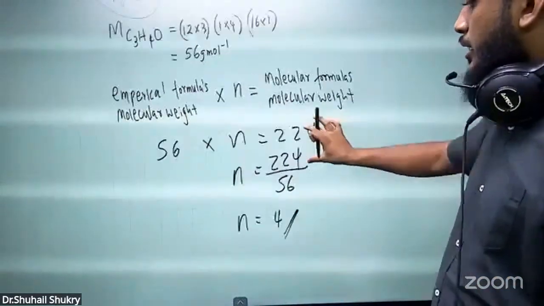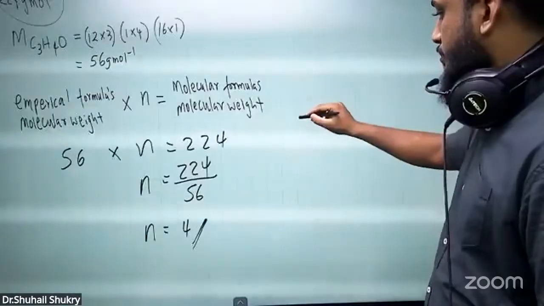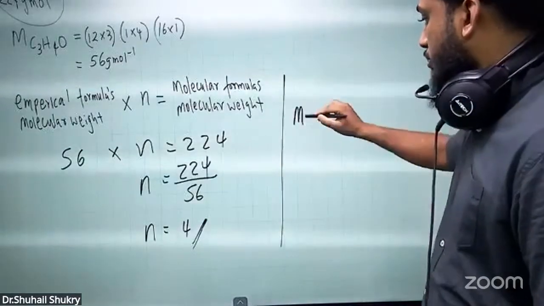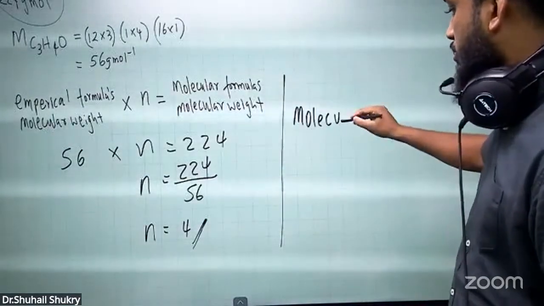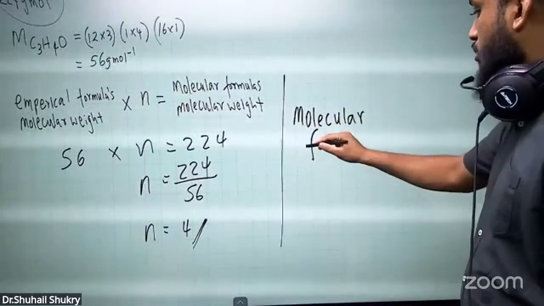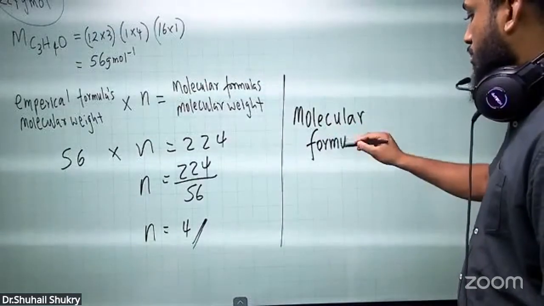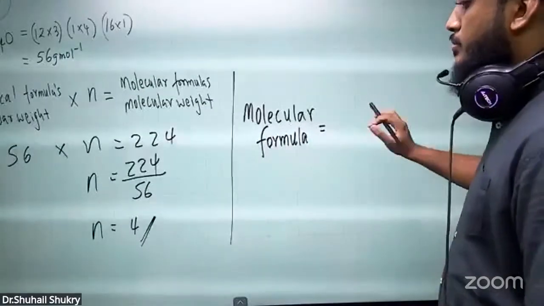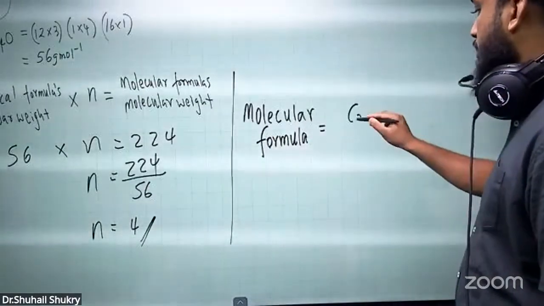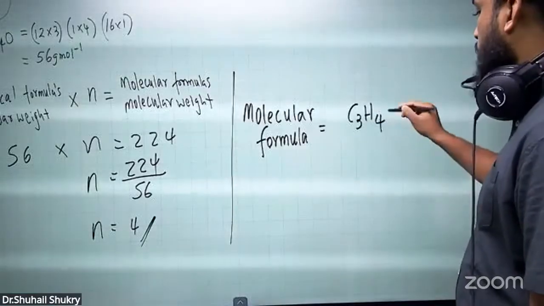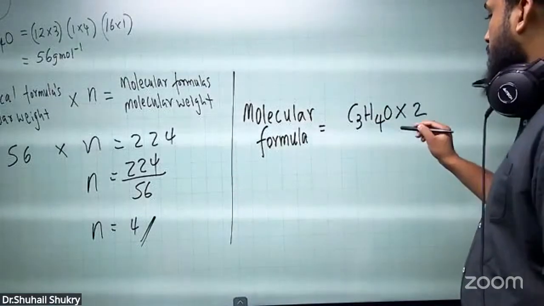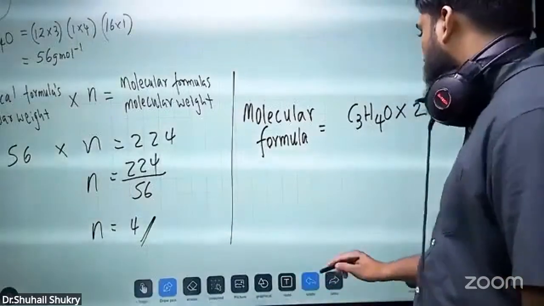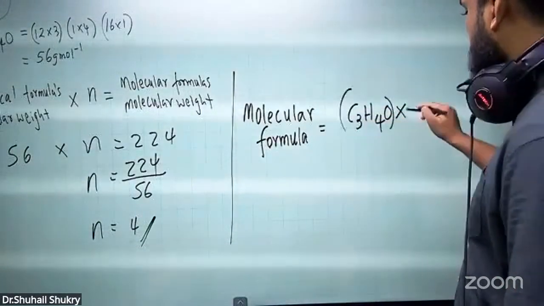Then you can write the molecular formula. The molecular formula will be equal to C3H4O multiplied by 4.